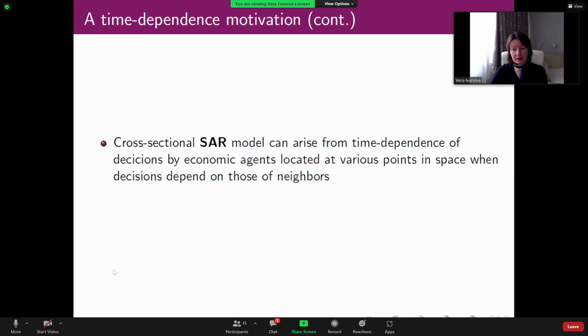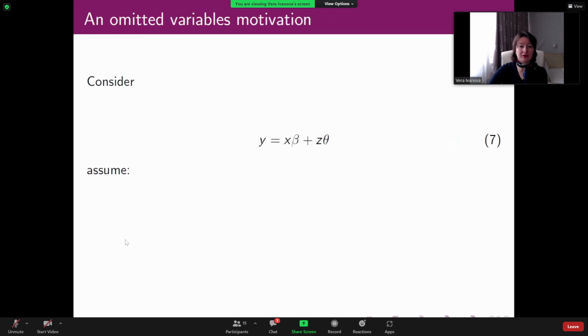He observes not actions but values of a dependent variable for his neighbors for the previous time period, and has no information on the dependent variable for this time period for neighbors. Okay. This was the time dependence motivation.